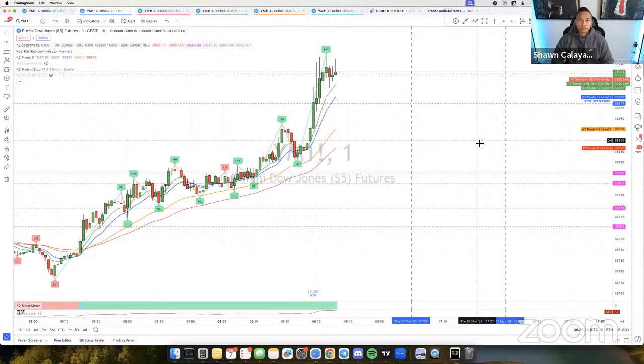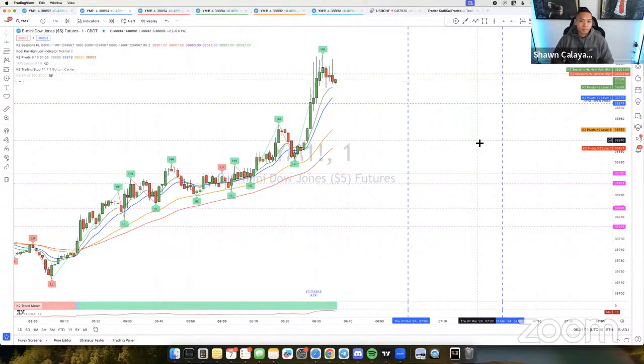Price hasn't come down to retest the pivots. And again, you can see it's having trouble getting past the sessions right here. All right, it's just a waiting game.